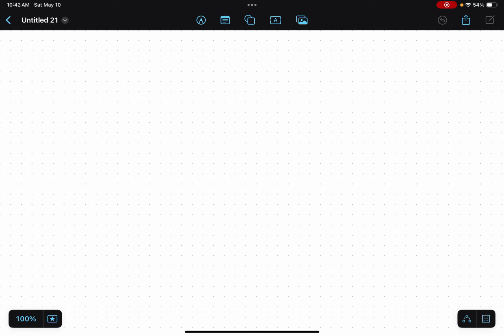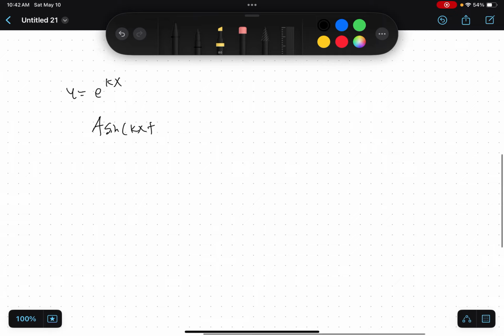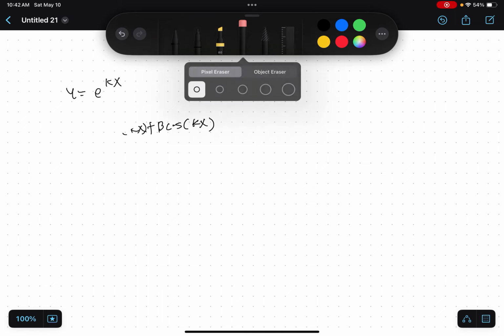Normally when doing differential equations, the easiest way to solve them is to plug in u equals e to the kx, solve for k, and then get your answer in the form of something like a sin kx plus b cos kx. That's typically the easiest way to solve them.